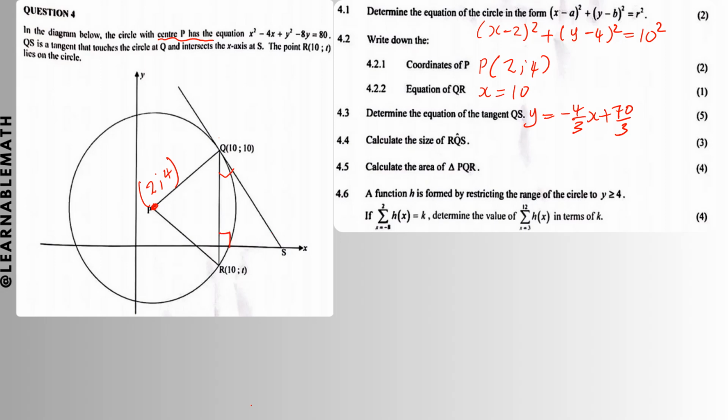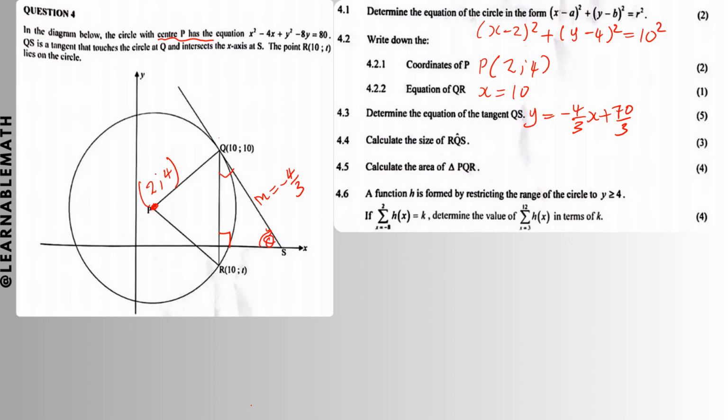Then we can also find this angle because we know the gradient of this line, which is -4 over 3. We just got the equation, -4 over 3x plus 70 over 3, so the gradient is -4 over 3. To get the angle between a line and the x-axis, we can use the idea that tan theta is equal to that gradient. Our theta will be that angle S there. We can just let it be theta there.